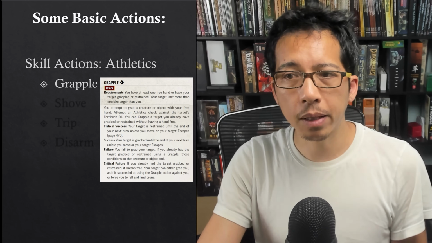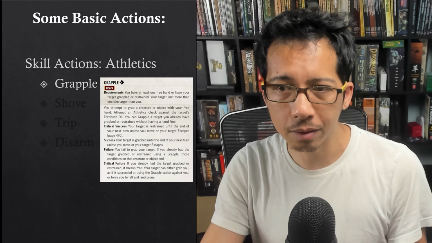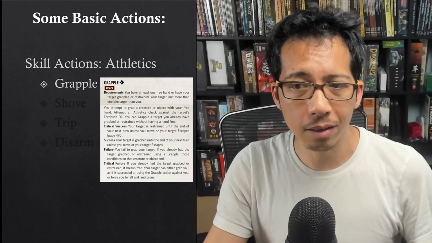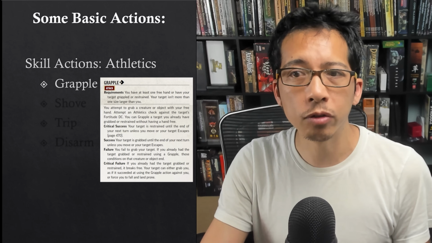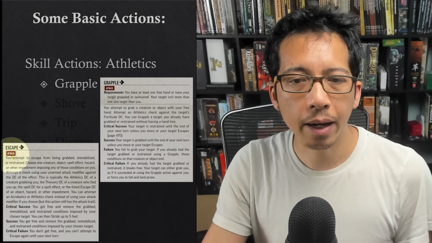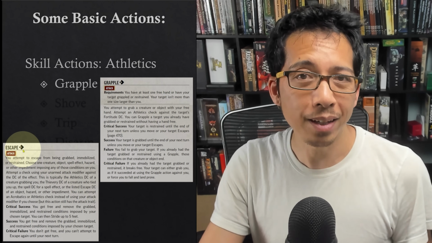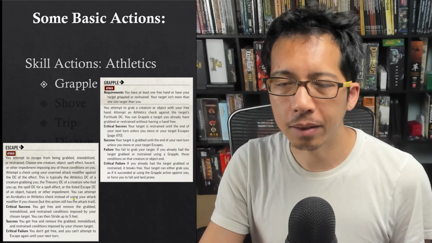While they are grabbed, they are off guard. They have a -2 circumstance penalty to their armor class, and that's to all of your allies. And they are immobilized. They cannot do any actions with the move trait. They will likely want to try to escape, which also has the attack trait and uses or wastes one of their actions. So grappling is quite powerful in this game.